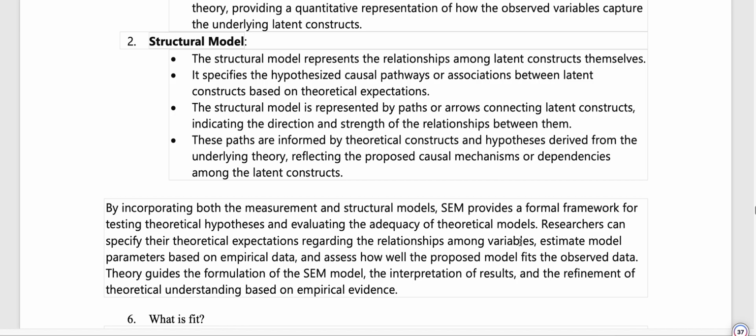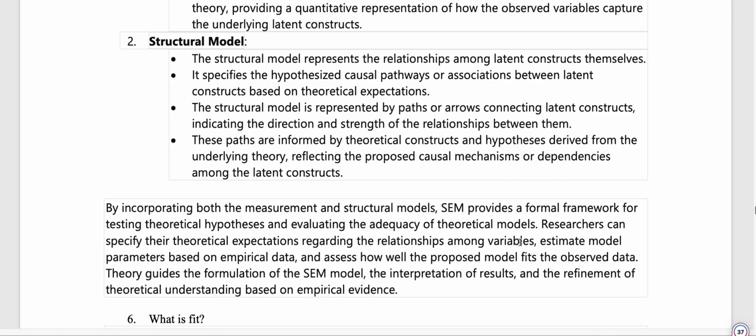By incorporating both the measurement and structural models, structural equation modeling provides a formal framework for testing theoretical hypotheses and evaluating the adequacy of the theoretical model. Researchers can specify their theoretical expectations regarding the relationships among variables, estimate model parameters based on empirical data, and assess how well the proposed model fits the observed data.